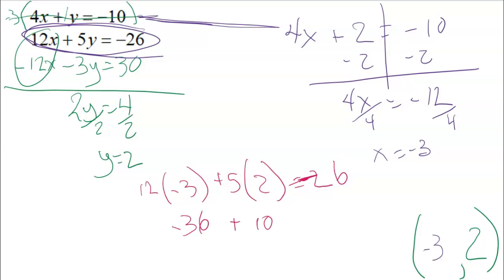Plus 5 times 2 is 10, equals -26. Is that true? -36 plus 10 is -26. Yep, we are genius material. Woohoo!